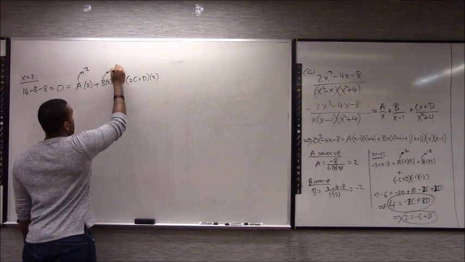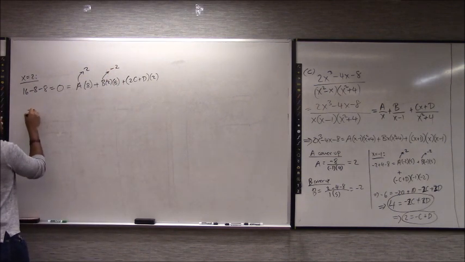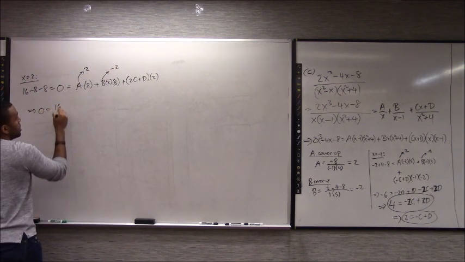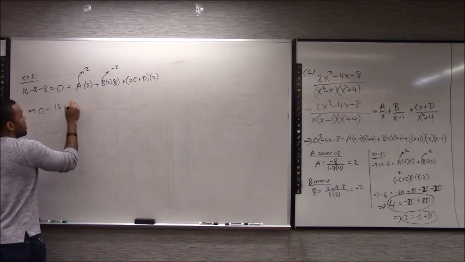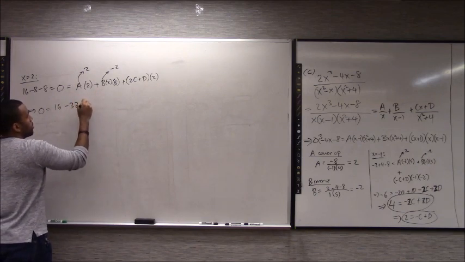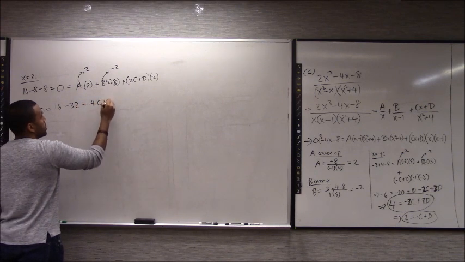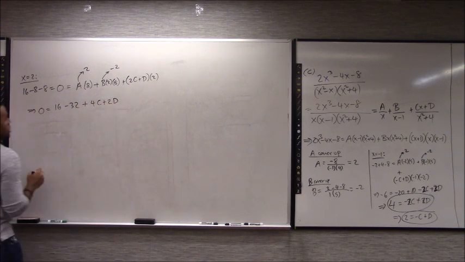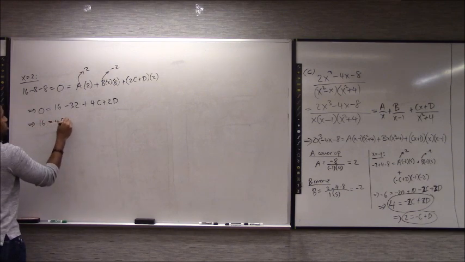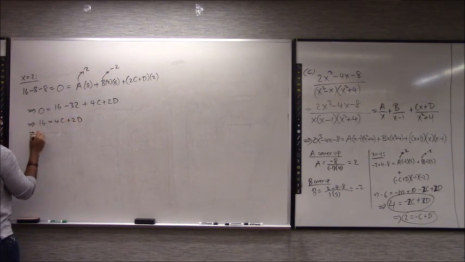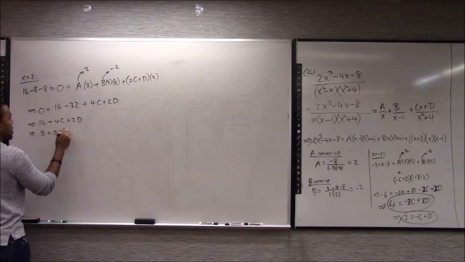B was minus 2. So I can plug that in. So this means that 0 is equal to 16 times minus 2 plus 4C plus 2D. So that's going to be 16 is equal to 4C plus 2D, or in other words, I can say 8 is equal to 2C plus D.